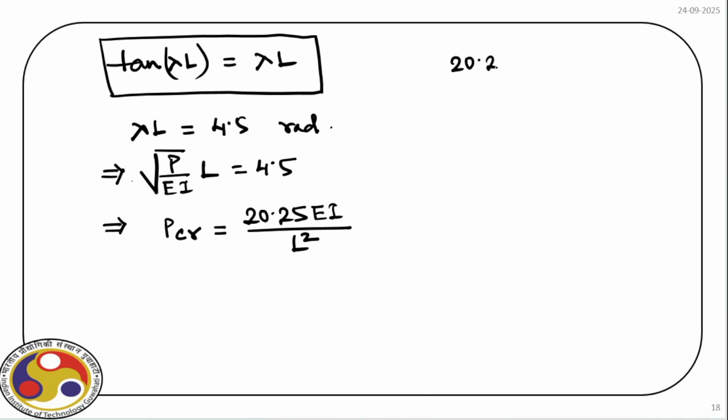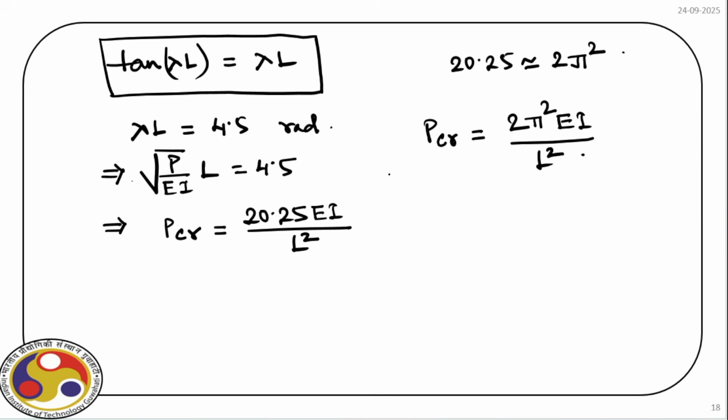Now, this value 20.25 is approximately equal to 2 pi square. So what we get P critical for this case is twice pi square EI divided by L square. Now we can further modify this. So what we have is L by root 2 whole square.